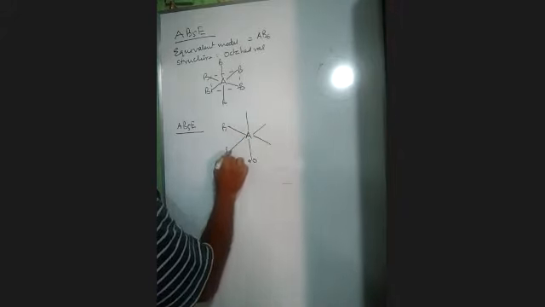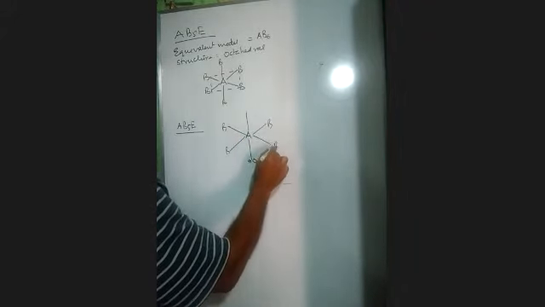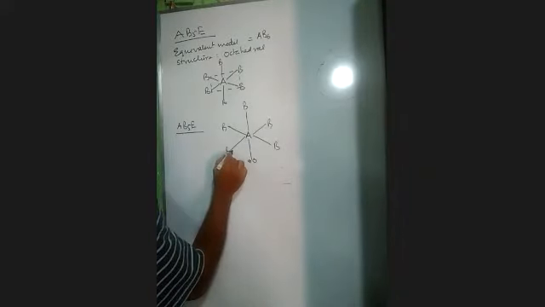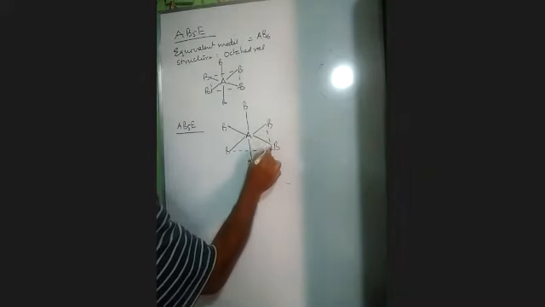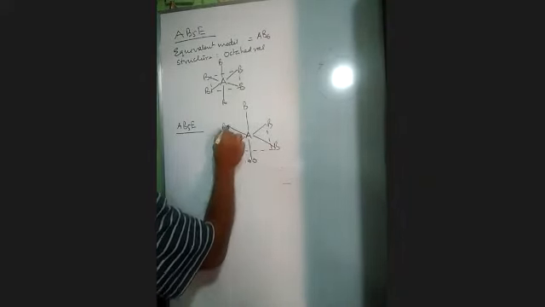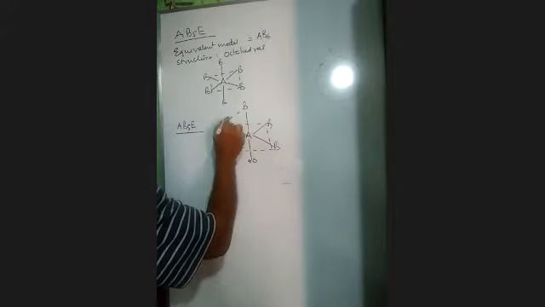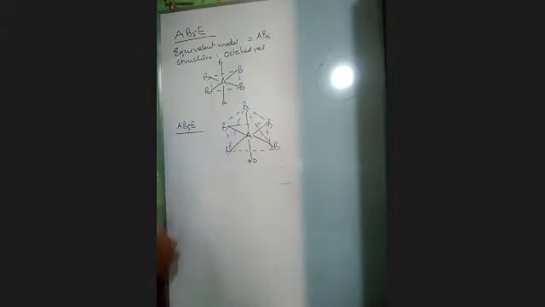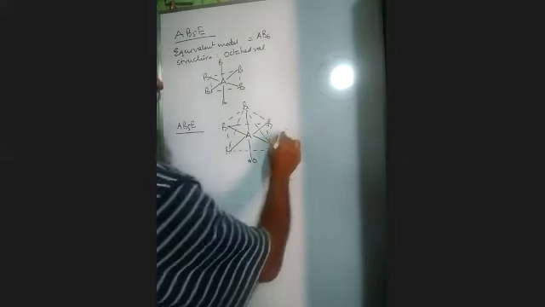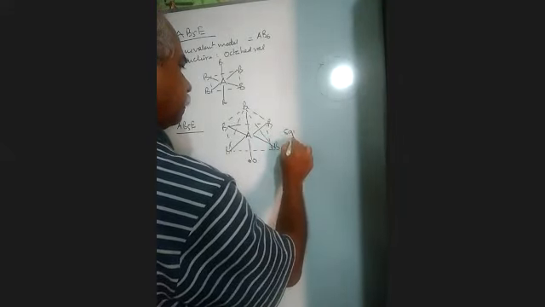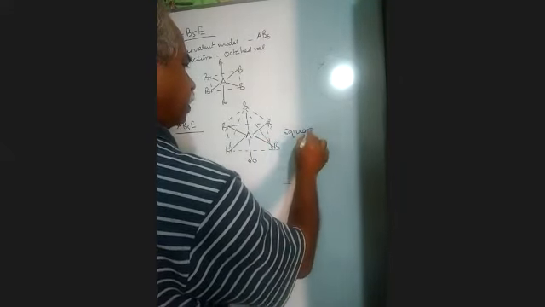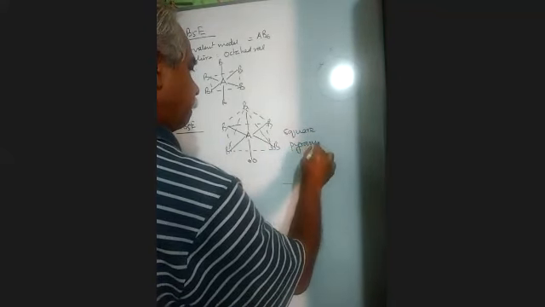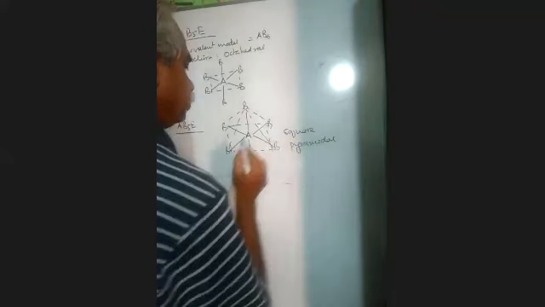See here, the electron pair is there, but it is not visible to us. See, how does it look? It looks like a pyramid. What is the base of the pyramid? Here it is a square pyramid.